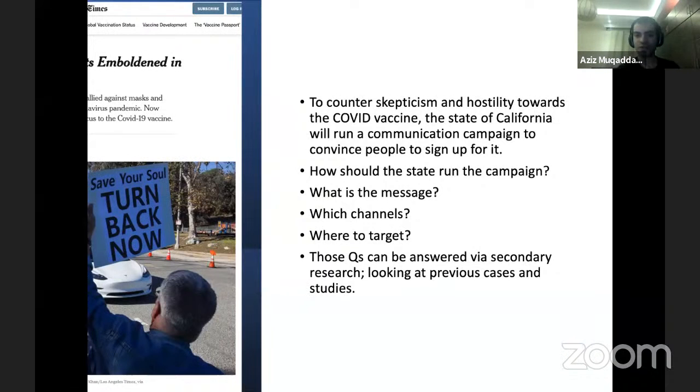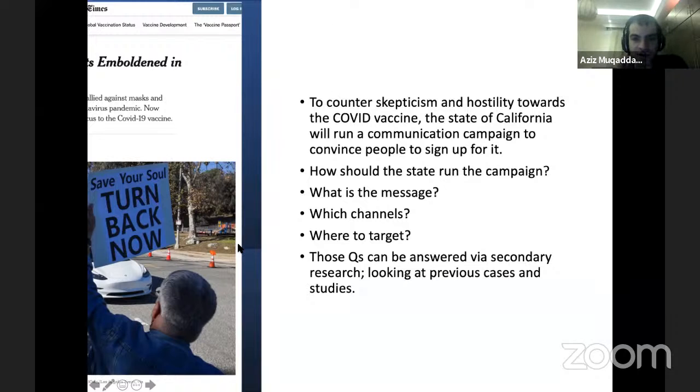So what message are you going to design? Are you going to use a narrative structure, storytelling, celebrities, local influencers from that community? How exactly are you going to design the message, right? So these are serious questions.